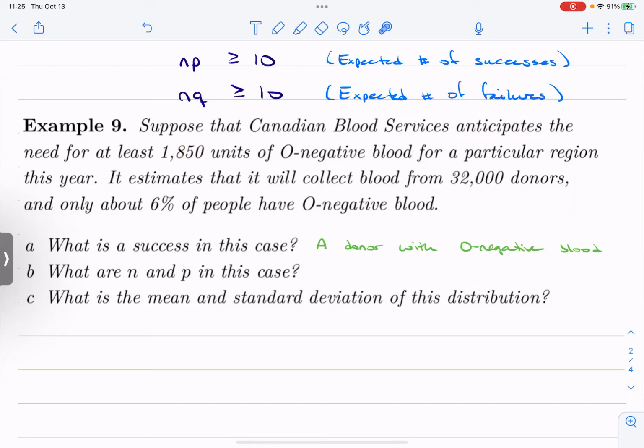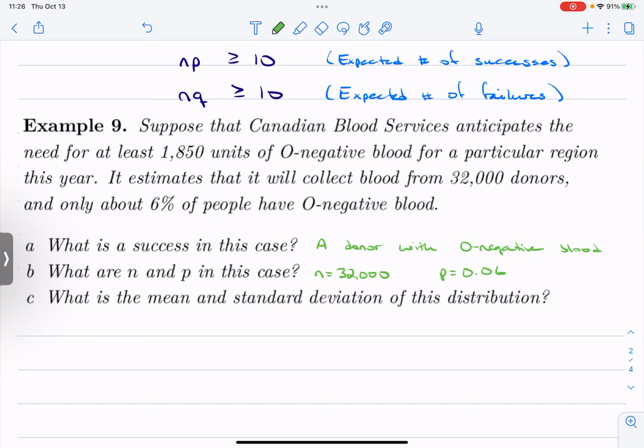But the number of times that I tried to get an O-negative is 32,000. So N is 32,000. P in this case, the probability of success, is 0.06.